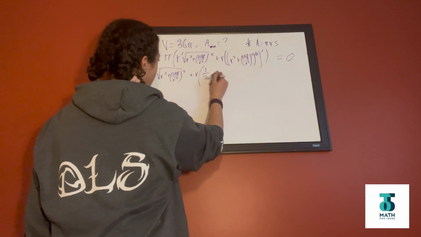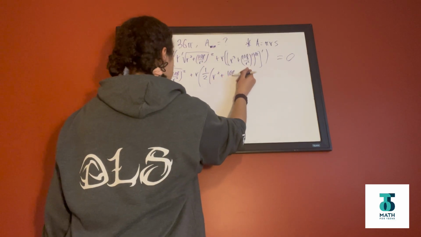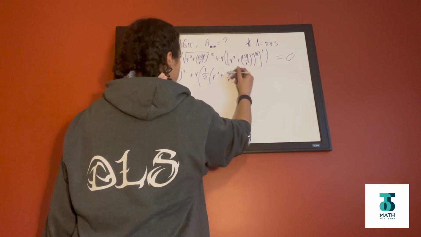So the half drops down, and you get r squared plus 108 on r squared.